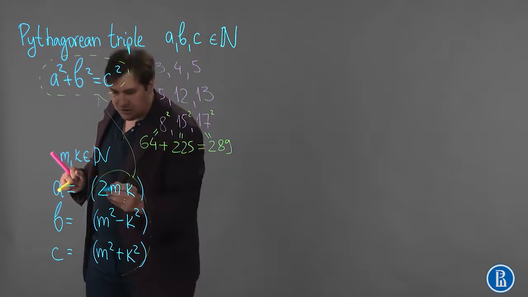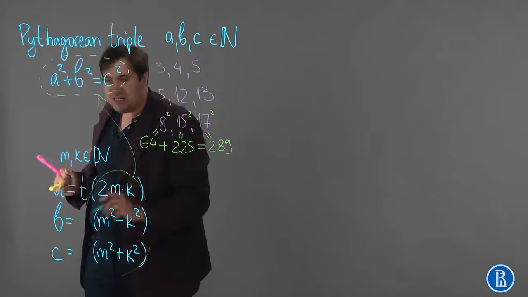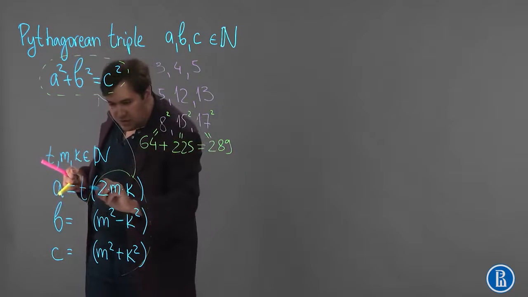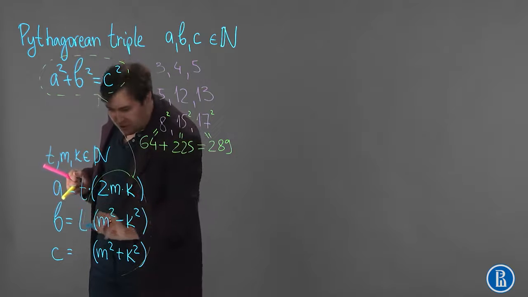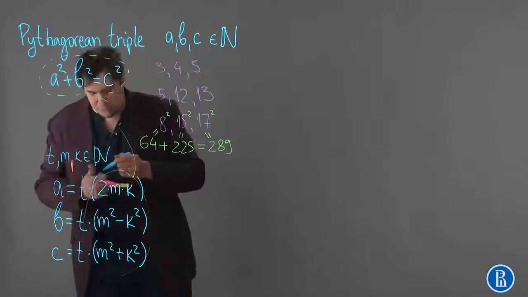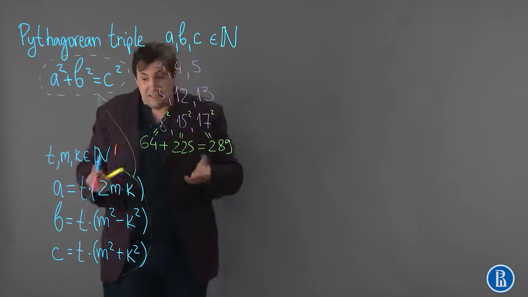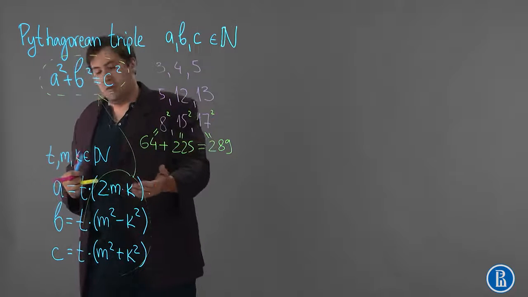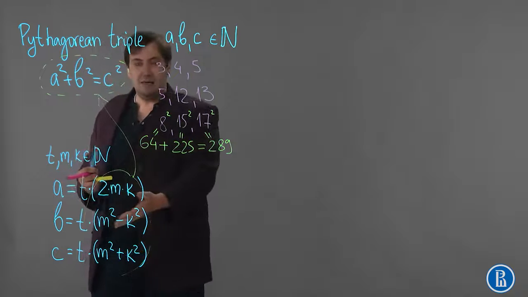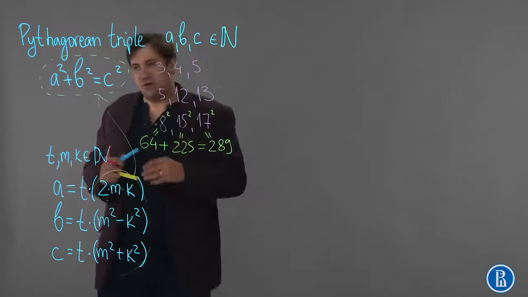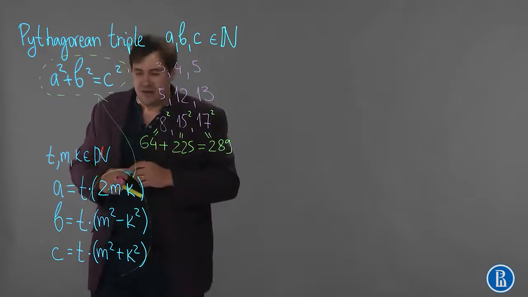Well, let's call it t, where t is also an arbitrary integer. So t multiplied by this number, t multiplied by this number, t multiplied by this expression here. It's easy to see that after multiplying all these three expressions by t, they still satisfy the condition, the Pythagorean equation.